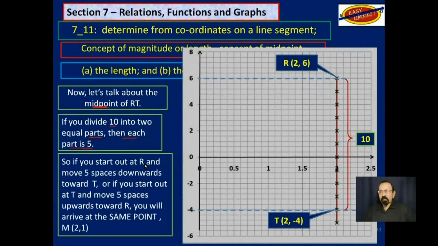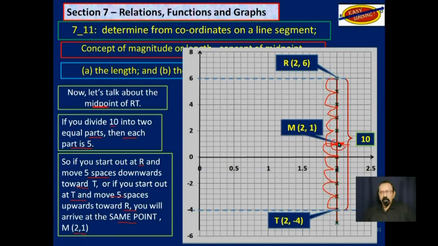If you start out at R and move 5 spaces towards T, 1, 2, 3, 4, 5, or if you start out at T and move 5 spaces towards R, 1, 2, 3, 4, 5, you will arrive at the same point M, which is (2, 1).